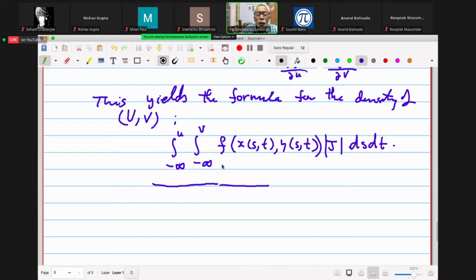So this is (x, y). Our notation for density is f. I don't want to change the notation.